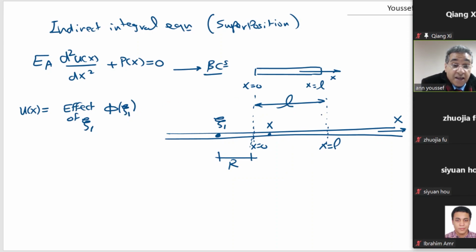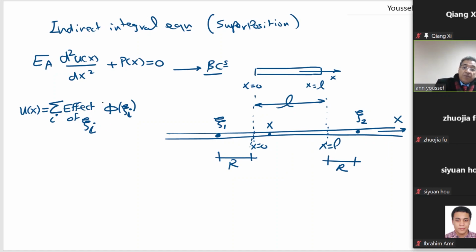If I place another source at any place, it could be in this direction or in that direction. For example, I'm going to take another one here, xi2, separated from here by r also. So I'm going to make a summation over i and xi.